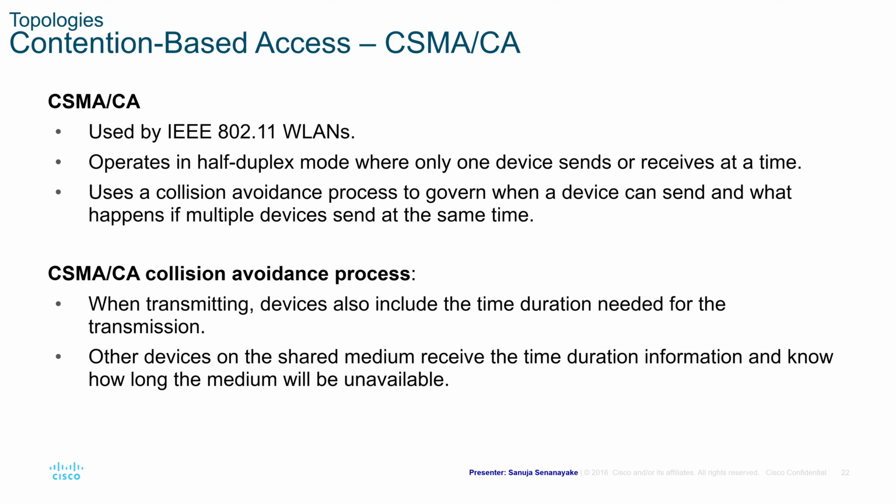In the CSMA/CA collision avoidance process, transmitting devices also include the time duration needed for the transmission. Each device on the shared medium receives the time duration information and knows how long the medium will be unavailable. So instead of being random, the other devices know how long the sending device needs to communicate. Again, it is very important you know these items.